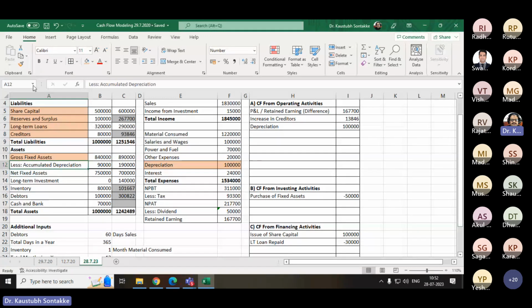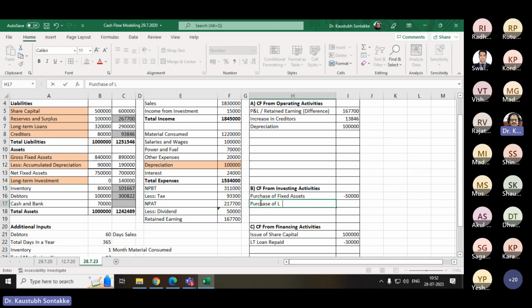So we are done with accumulated depreciation also. Net fixed asset you don't have to touch, we have already taken it from gross fixed assets. Next item is long-term investment: 0 and 140. This is purchase of long-term investment, which is investing activity.